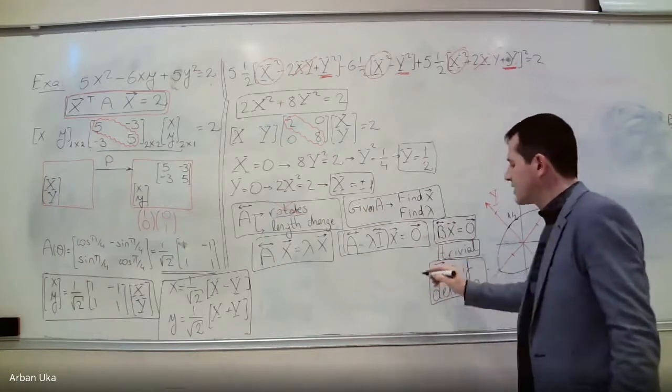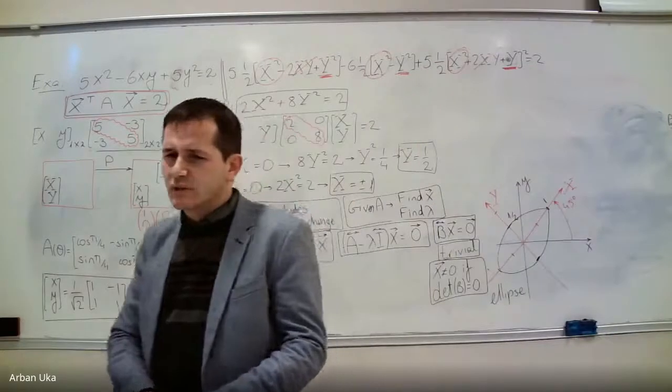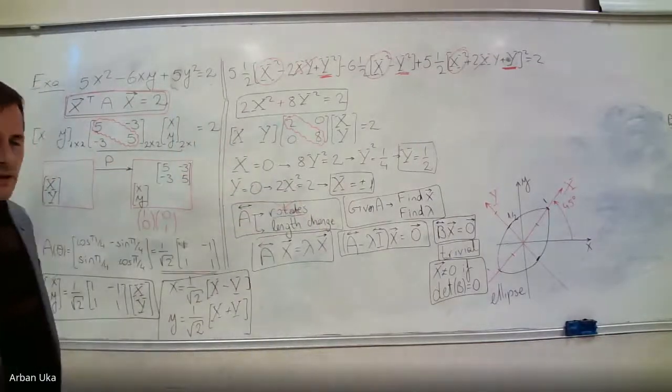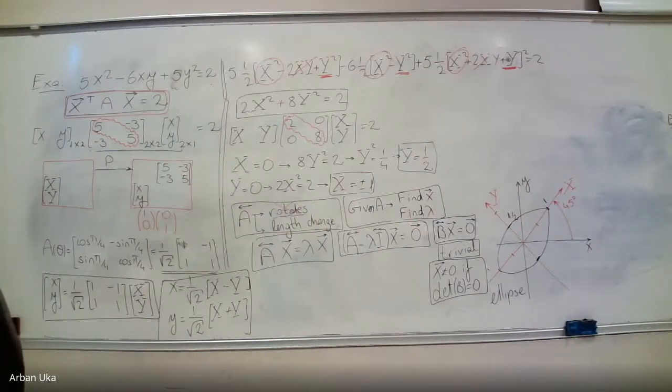Now, can anyone in the class explain this to me? Why is x different from 0 only when the determinant is equal to 0? You can raise your hand in the comment section if anyone wants to answer.